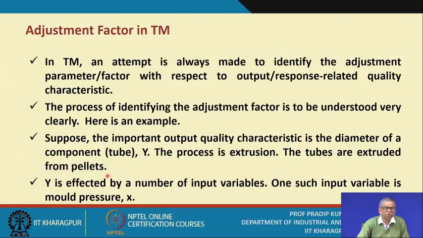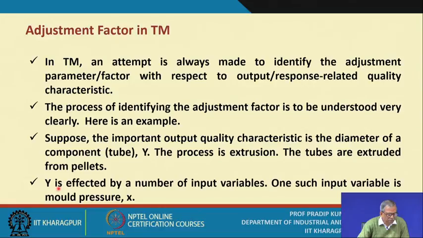Before you start applying the Taguchi method, you must know the process details: what the output quality characteristics are, what the input variables are, what the external noise factors are, what the parameters are. All these details you must know, and you must be able to create the boundary line. Now, what you find is that y is affected by a number of input variables. So this is your knowledge base.